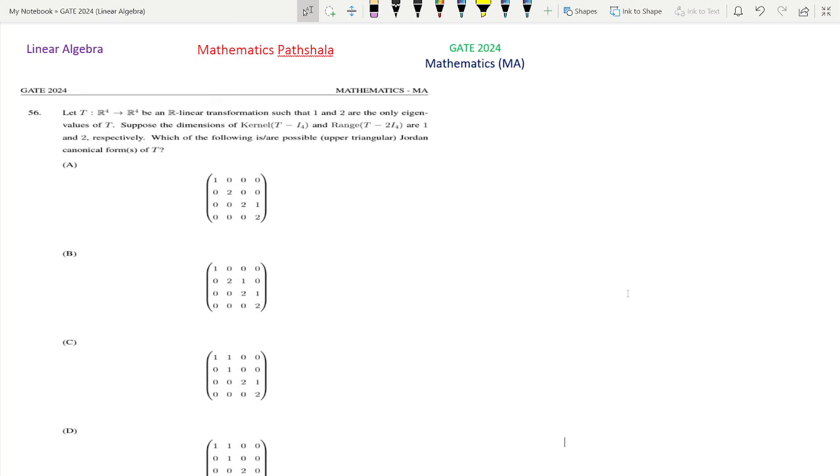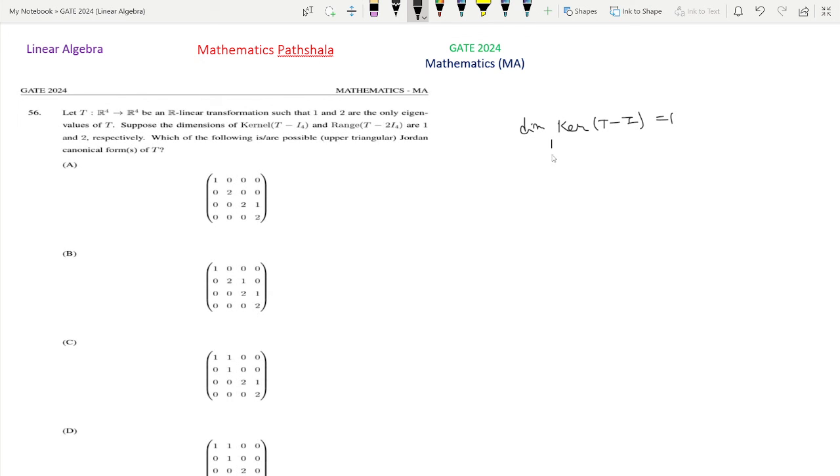So first see that it is given that 1 and 2 are the only eigenvalues of T, and also we are given that the dimension of the kernel of T minus I4 equals 1.